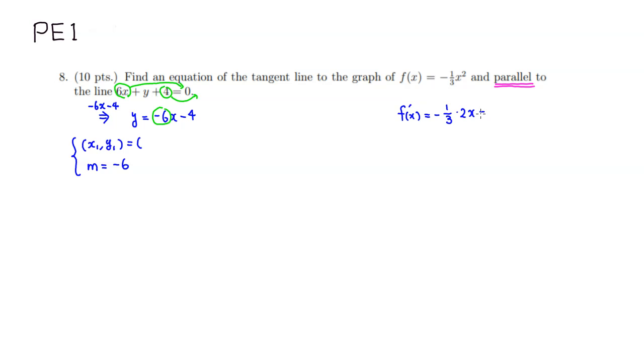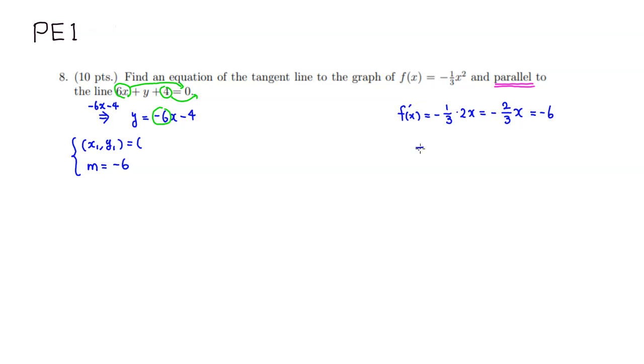If you clean this up, it's going to be negative 2/3 x. Since the derivative has all the information about the slope of the tangent line, and we want the slope to be negative 6, I'm going to set this equal to negative 6 so that we can find the x value.